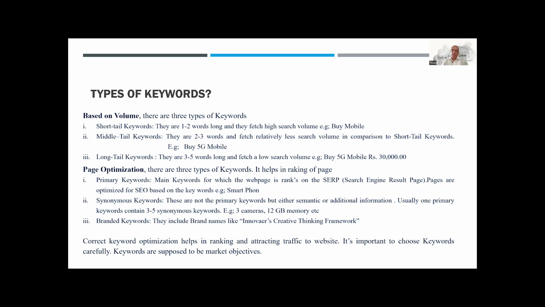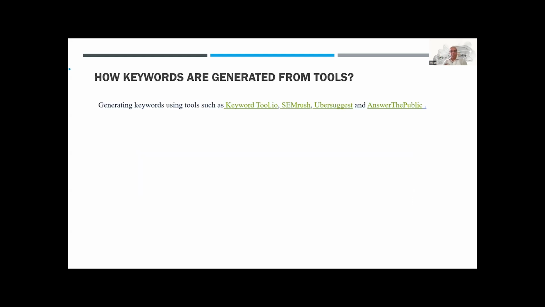in conversion. It is important to choose the keywords carefully. Now, the keywords are generated basically in 2 types, which we will be discussing here. One is the tool-based keywords.